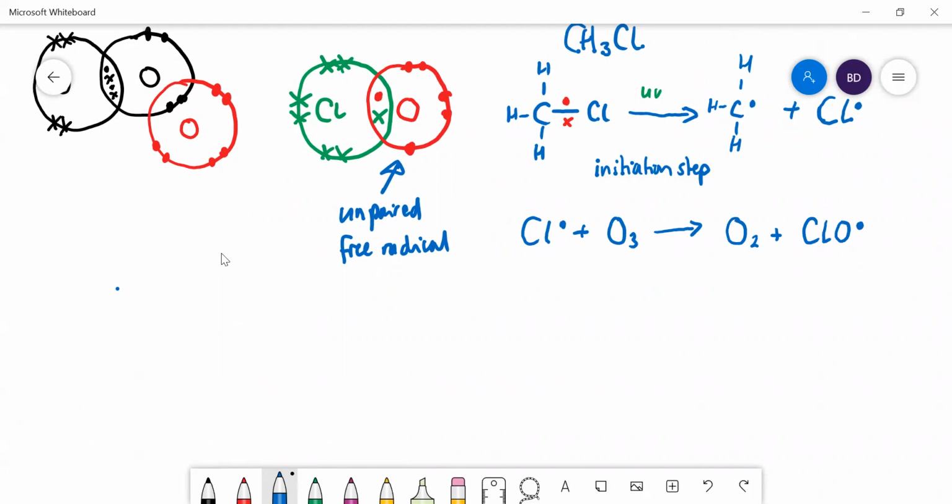That would be classed as a propagation step because it's a free radical reacting with something that's not a free radical. Then the ClO free radical will react with another ozone. That will give you two oxygen molecules and a chlorine free radical. That is also a propagation step.